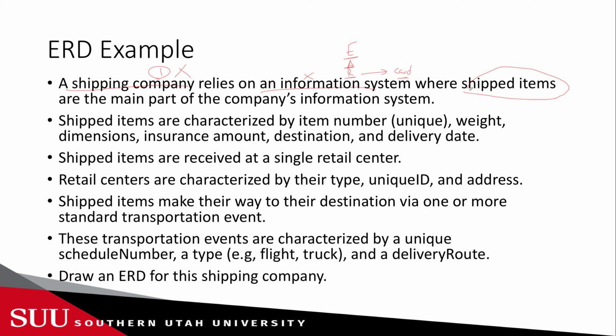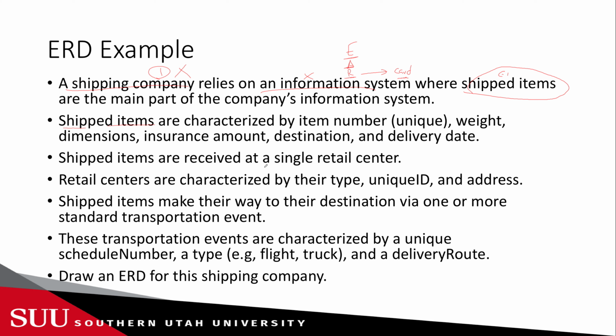Shipped items, so this is one entity, because we will have multiple items, and as we see right here in the second sentence, shipped items are characterized by so and so. From the definition of an entity, if we have multiple instances and they have multiple characteristics to be stored in the system, then this is an entity. So we got one entity.